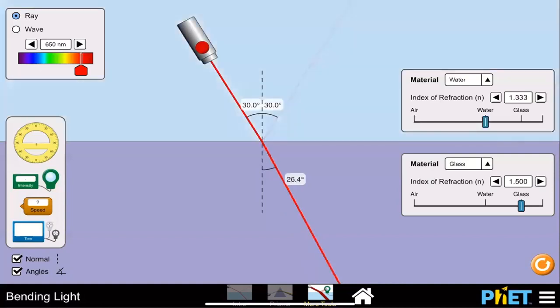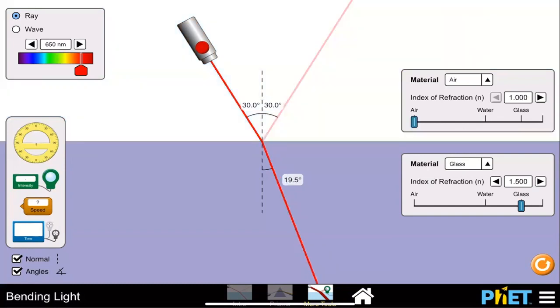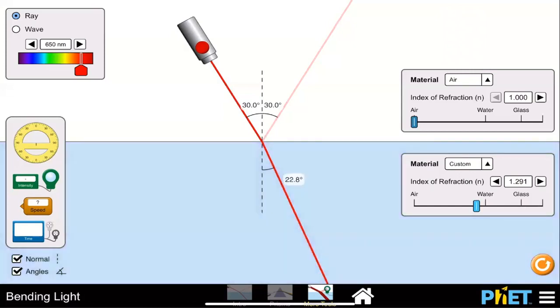So we have N sub 1 with water moving to glass. So we now have an angle of refraction equal to 26.4 degrees. So we're going to change now again. We have air to glass. So we have 19.5 degrees. So N sub 1 is air, then that one is glass, N sub 2.